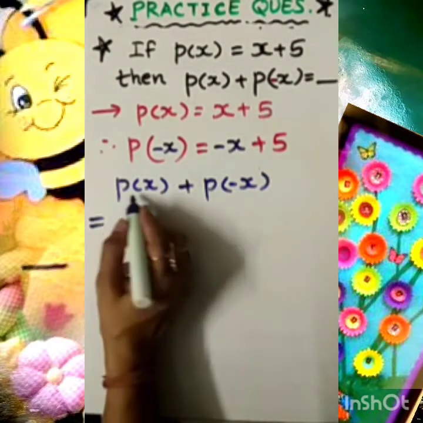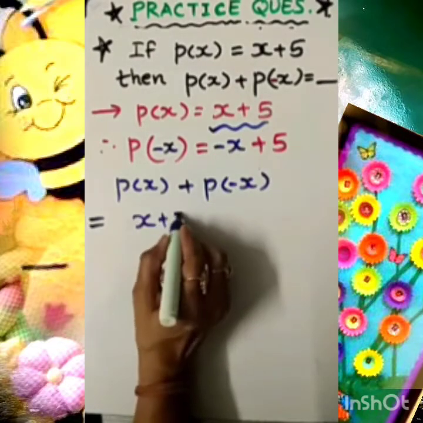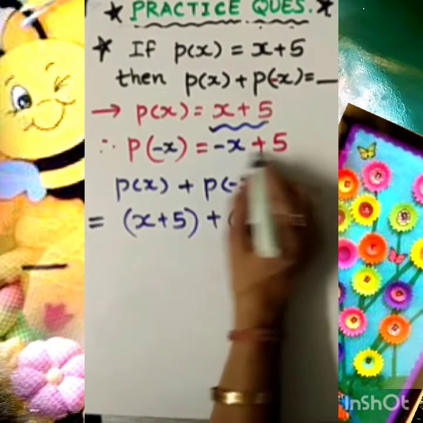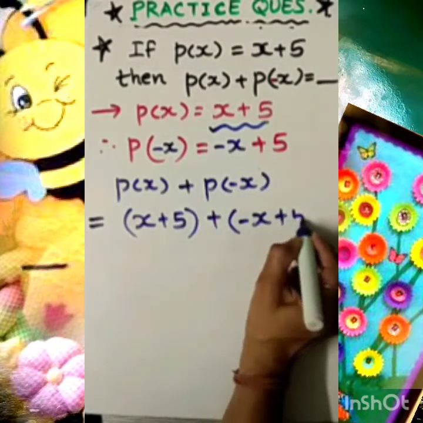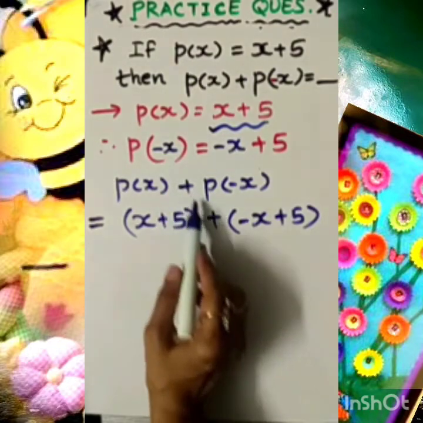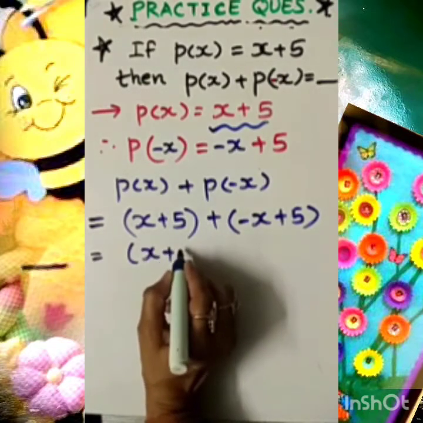Now, as you know, p(x) is the value x plus 5. So let me write it in one bracket, plus p(minus x), whose value I write in another bracket. It's compulsory to write it in another bracket because here it is plus, so no need to worry, but whenever it is minus, we need to change the sign.